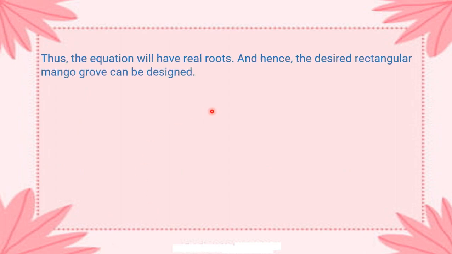As the equation has real roots, it is possible to make the rectangular mango grove. That is, the desired rectangular mango grove can be designed, as the equation has real roots.